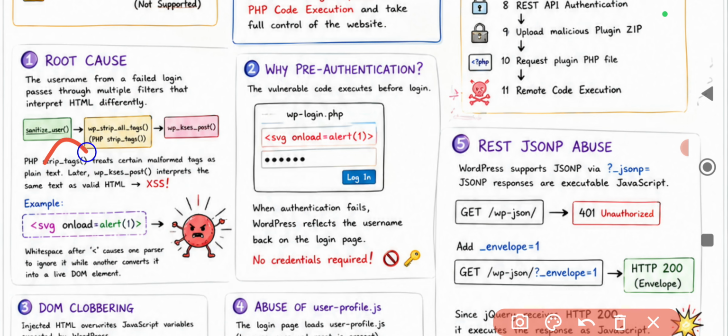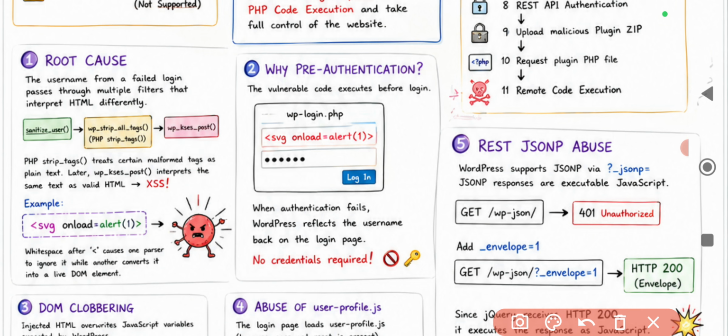The sanitizer uses wp_strip_all_tags and wp_kses. The PHP strip treats malformed tags as plain text, later WordPress interprets the same text as valid HTML, or I can say XSS, cross-site scripting.